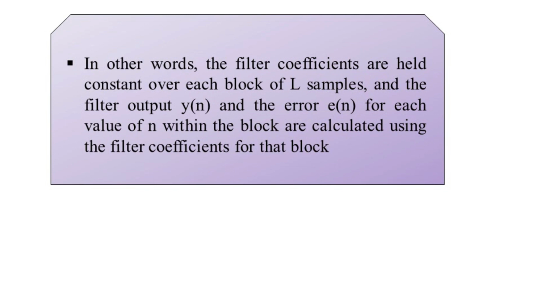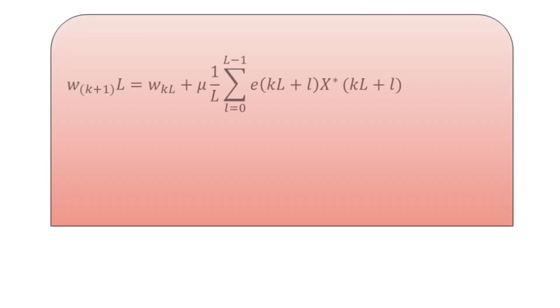Here is the update equation for the coefficients in the kth block: w_((k+1)L), with L in the subscript multiplying (k+1) on the left hand side, equals w_(kL) plus mu times 1 over L times the summation over l from 0 to L minus 1 of e of (kL plus l) multiplied by the complex conjugate of x of (kL plus l).